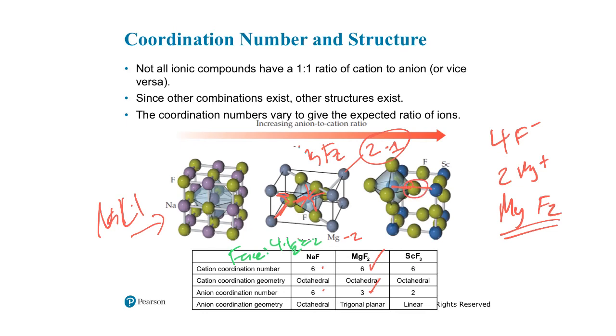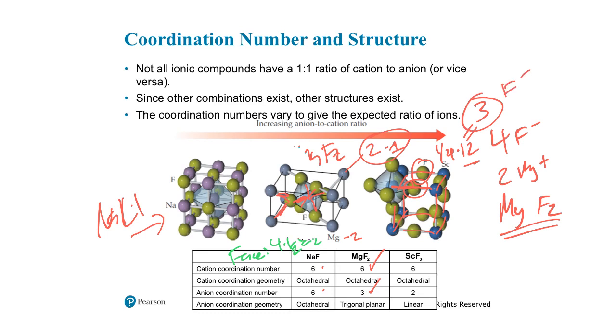So an atom of F on an edge is going to be shared by 3 other unit cells. So here we're going to have a quarter of each of those atoms, and there are 12 edges. So we have 1, 2, 3, 4, 5, 6, 7, 8, 9, 10, 11, 12 edges. So that gives us a total of 3.